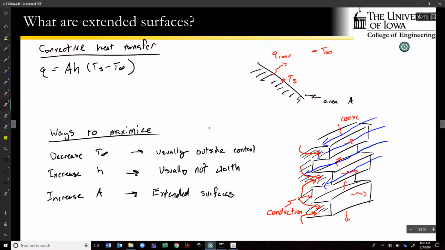So it's not quite so straightforward, and it requires us to look at the heat equation with a new set of eyes.